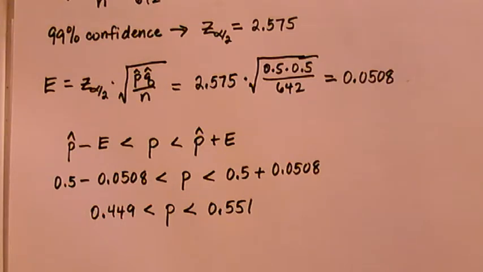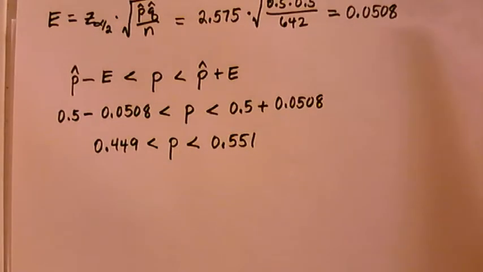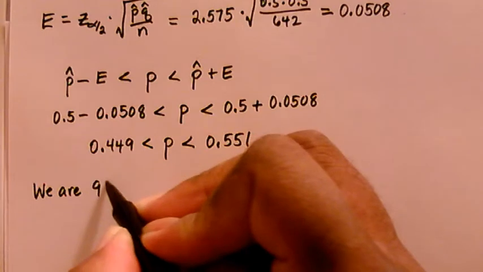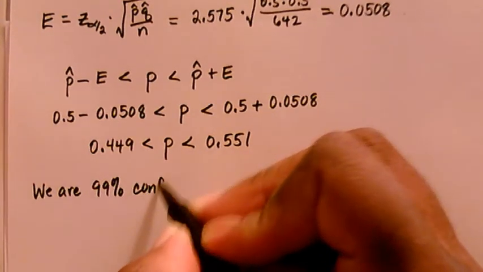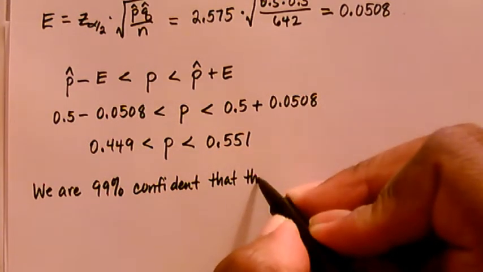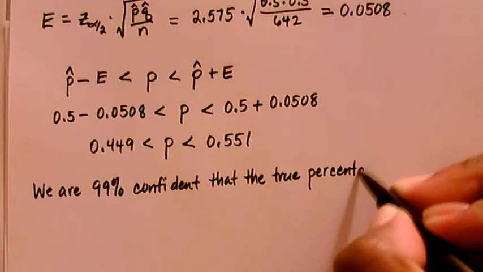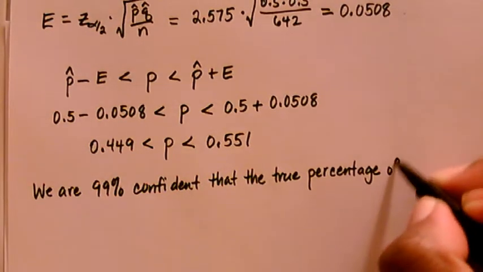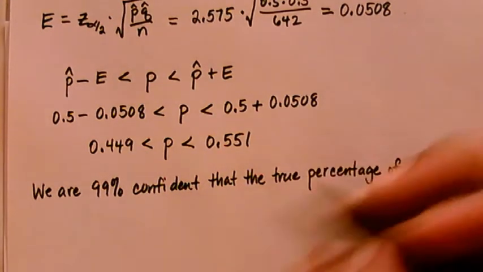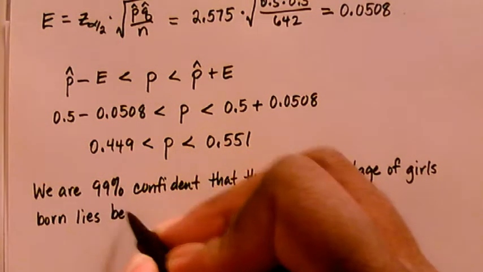Now, to interpret that confidence interval, we have to write a statement for that. And the way we write the statement is this. We say that we are 99% confident that the true percentage of girls born lies between.